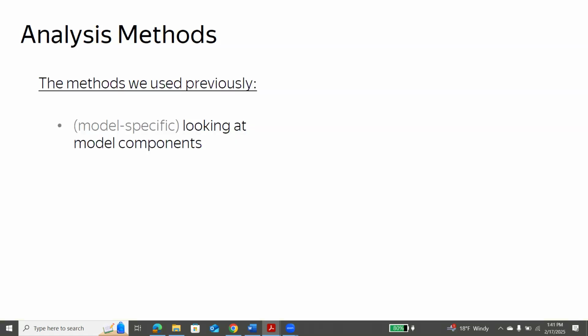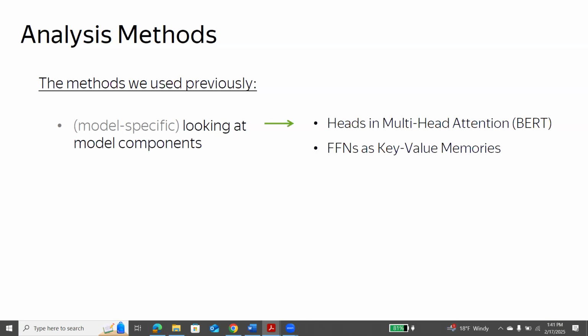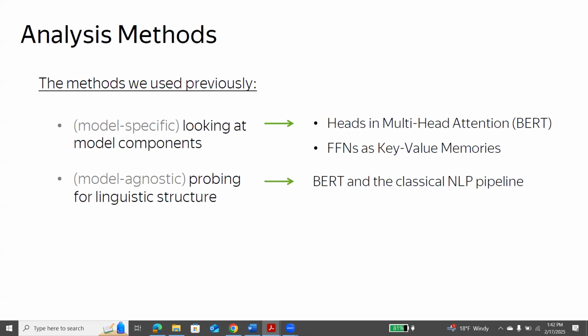So let's talk about interpretability of BERT. And as you remember, there are two ways to assess the model. Model specific, in this case we look at the neurons inside the model, what they learn, and model agnostic, when we apply this model to different tasks.